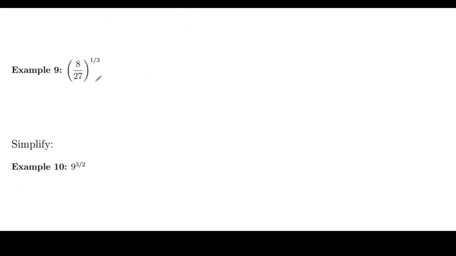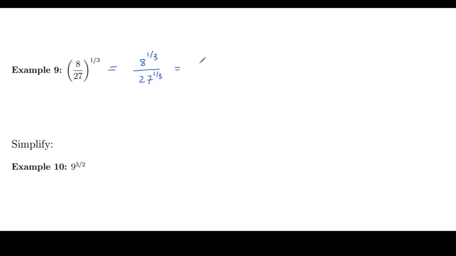Now what about this? We have a fraction, 8 over 27 to the 1/3. You can actually write this 2 different ways, but using the properties up above, this is 8 to the 1/3 divided by 27 to the 1/3. If you have a fraction raised to a power, you can raise the numerator to that power divided by the denominator raised to that power.